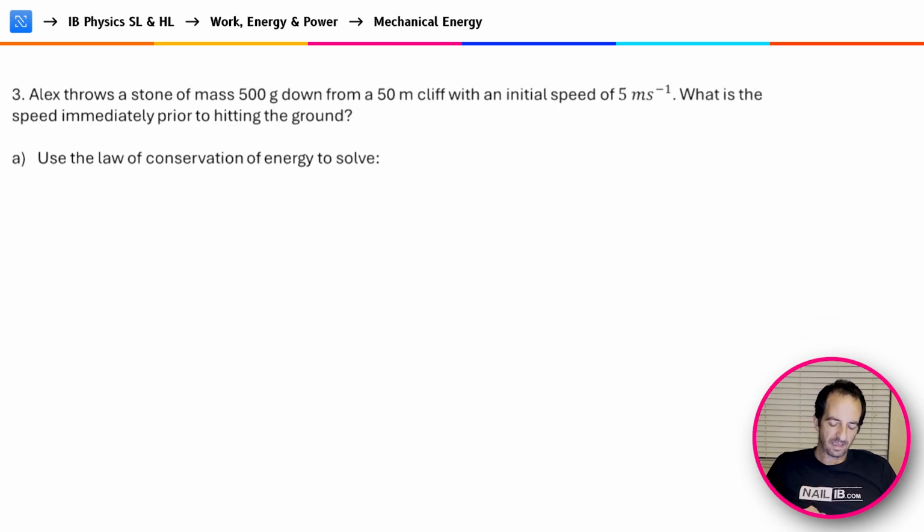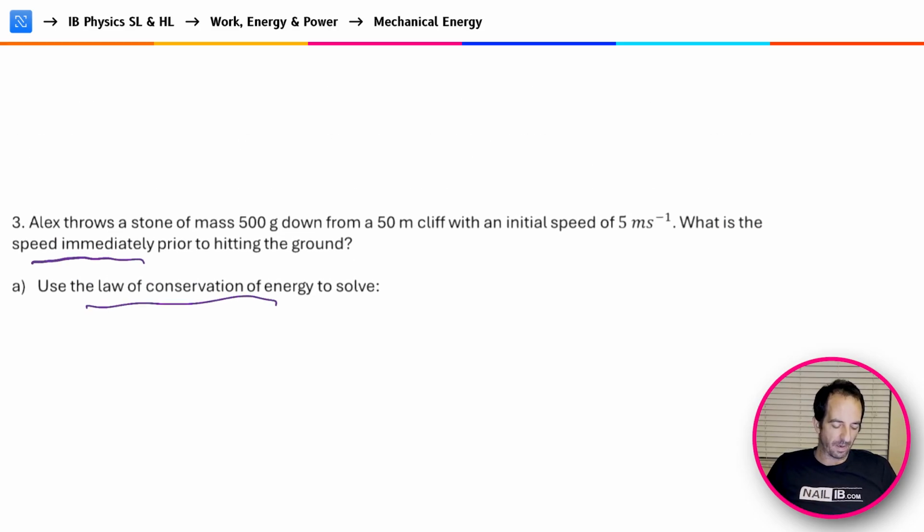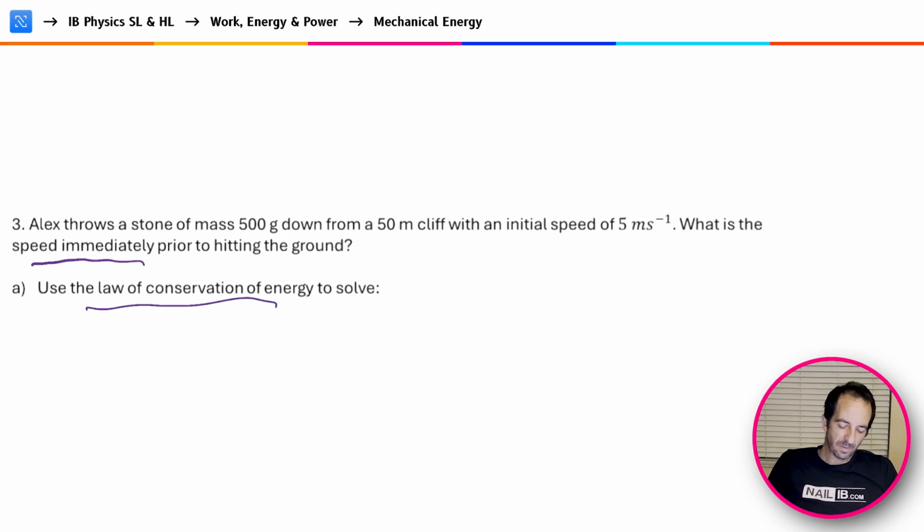And we will see that here with the first problem, where they want us to use the law of conservation of energy to find out the speed of a stone prior to hitting the ground. In this case, we have a 50 meter cliff.